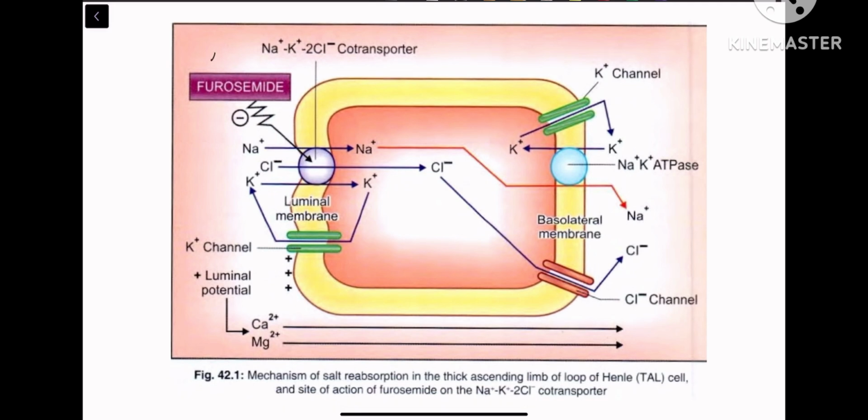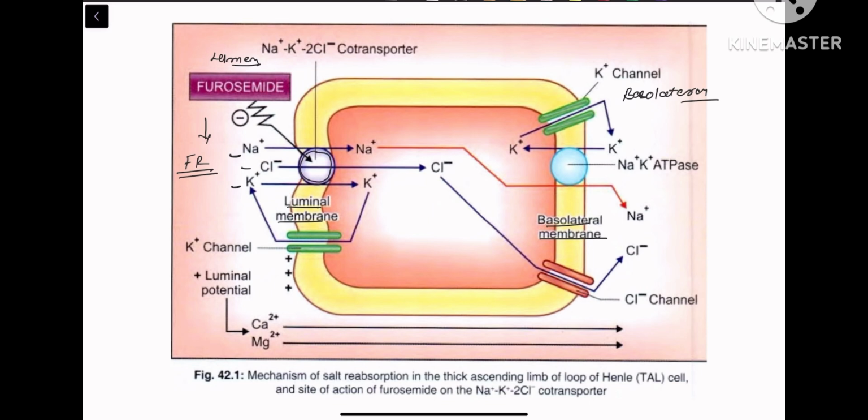This is the lumen side, and this is the basolateral side. Normally, filtration happens and the filtrate comes here. The filtrate contains sodium, chloride, potassium and other nutrients, water and glucose.